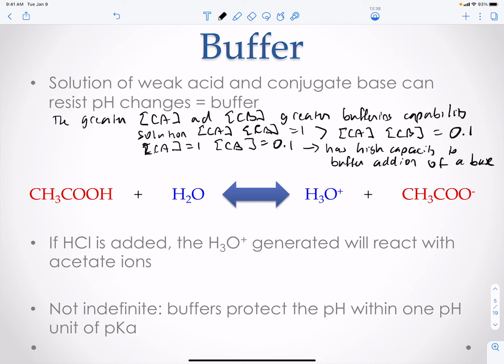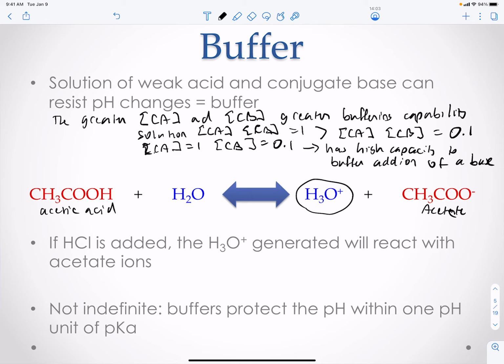So here we have acetic acid, which is a weak acid, and it's going to become acetate. And then if you're going to add hydrogen chloride, the species will react with the acetate ions.